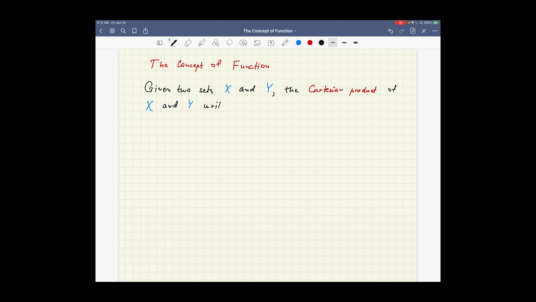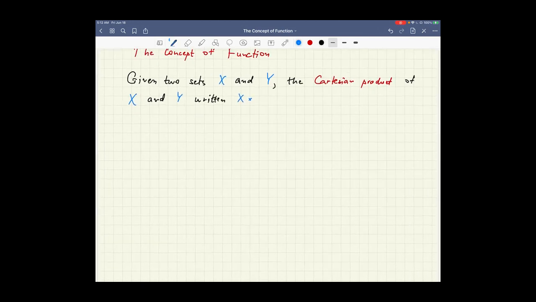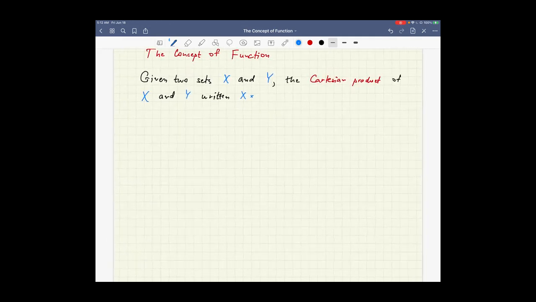written X cross Y, or X times Y, simply is the set defined as follows.